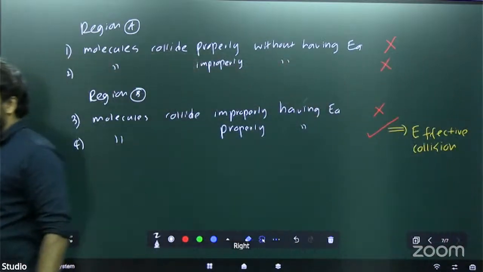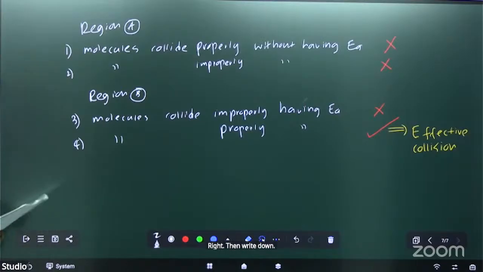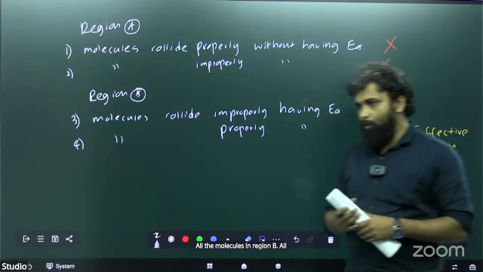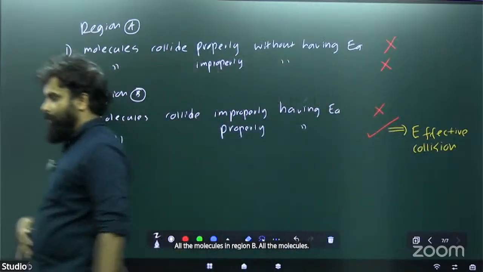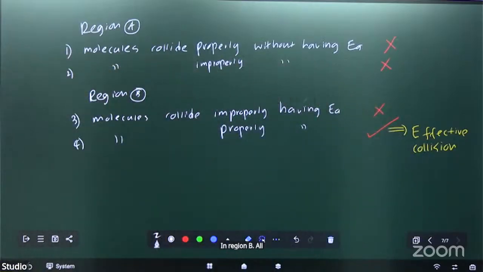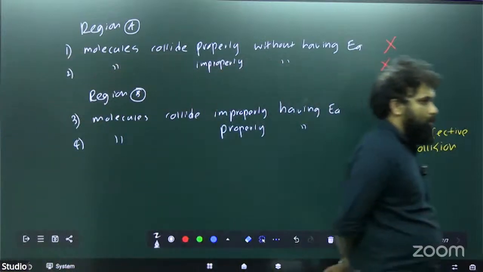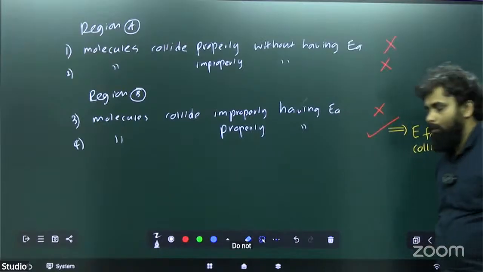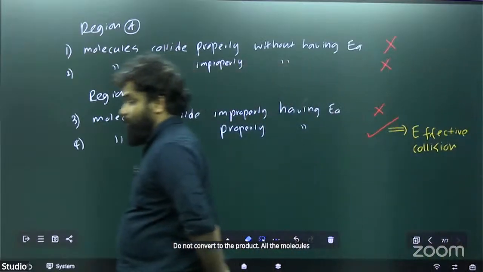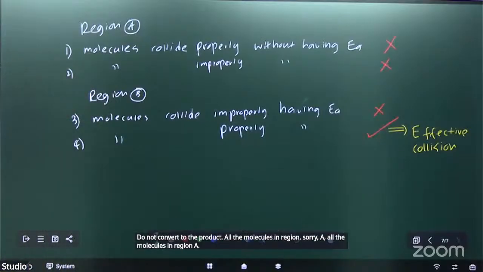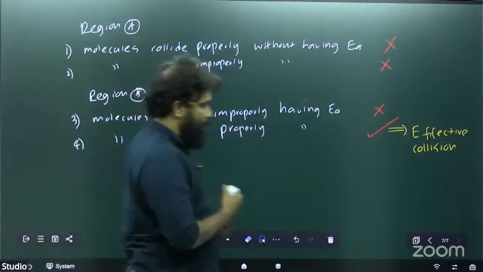Right. Then write down: all the molecules in region B do not convert to the product.